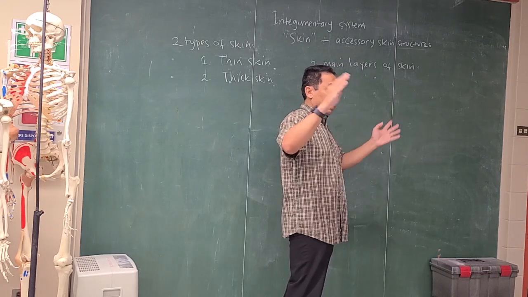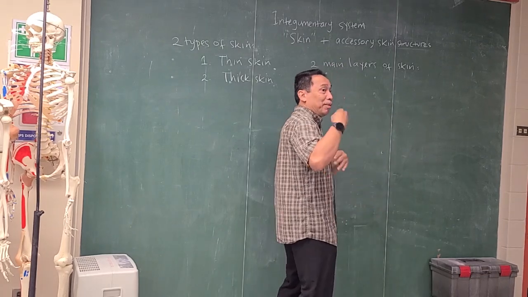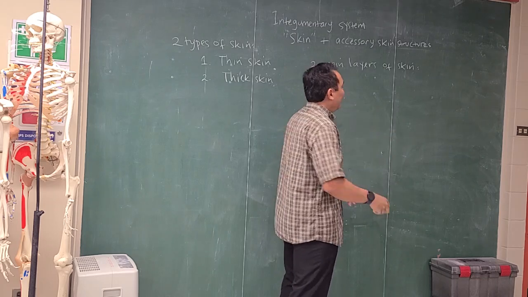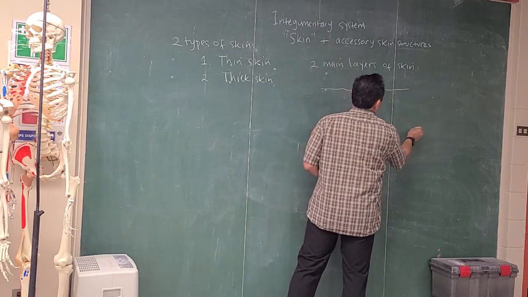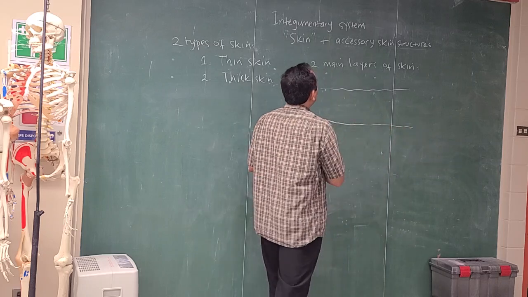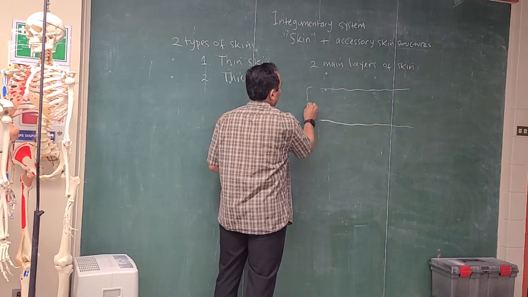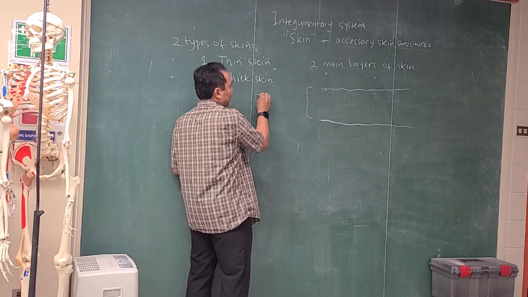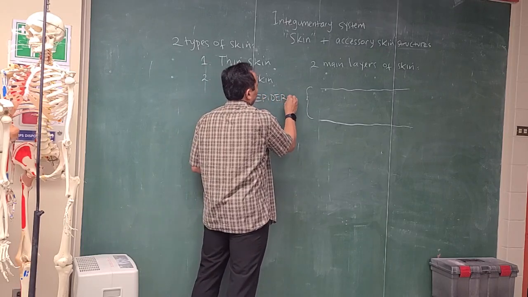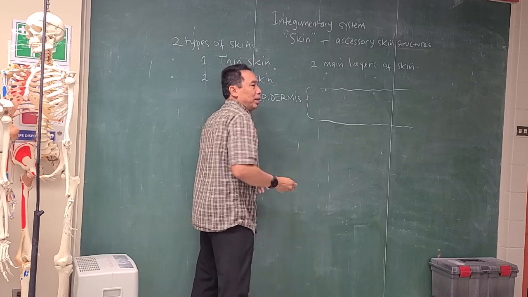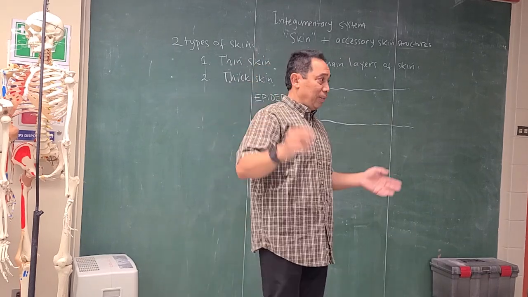Epi. Okay, epi. Dermis means skin. Get it? Therefore, the top layer over here is called what? Epidermis. Dermis means skin, epi means the top or outside.